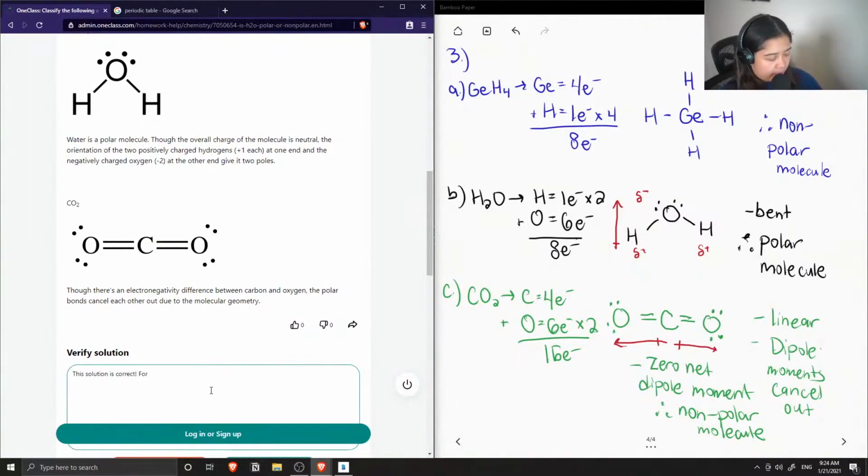For H2O, the hydrogens have a partially positive charge and the oxygen has a partially negative charge, since oxygen is more electronegative.